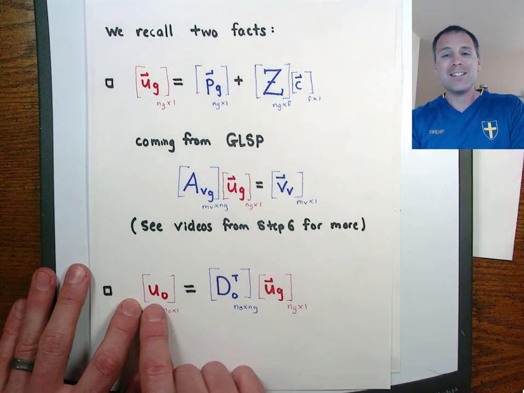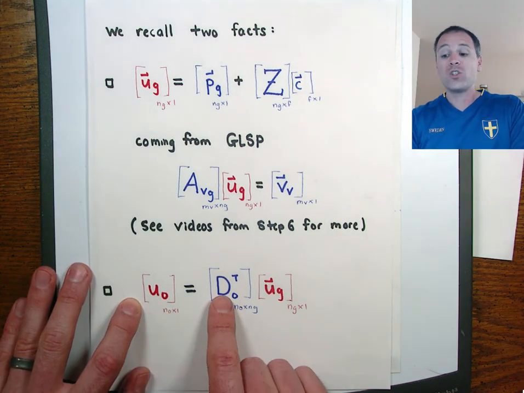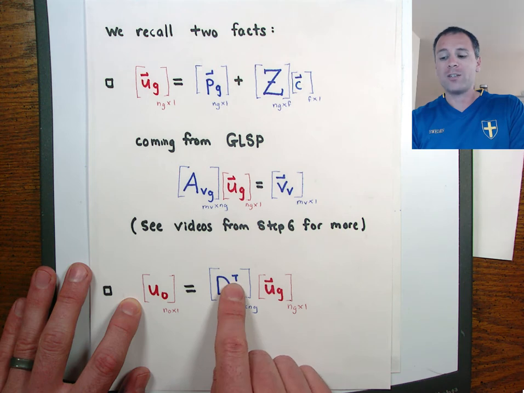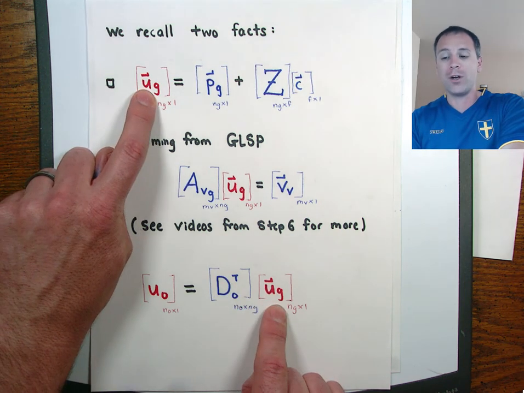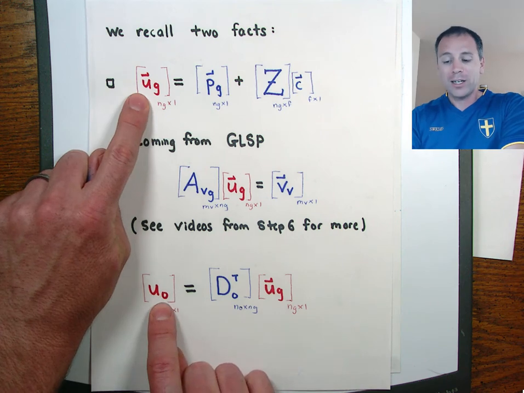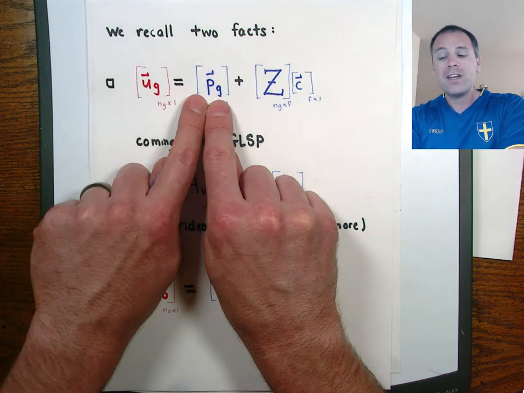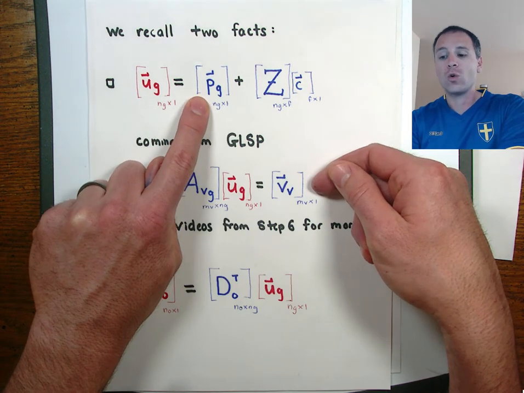However, what that means is that the vector U sub 0, which was the grounding matrix transpose times the original node potential vector, including the ground node, includes specific information about voltage source redundancies.